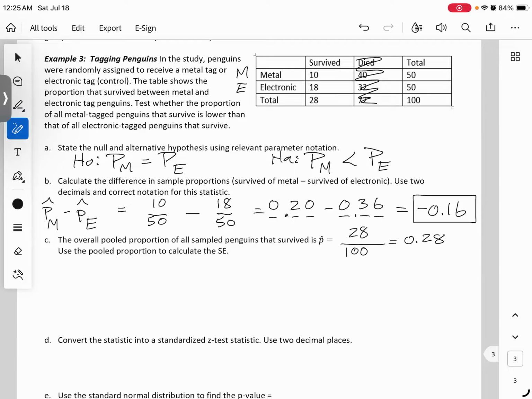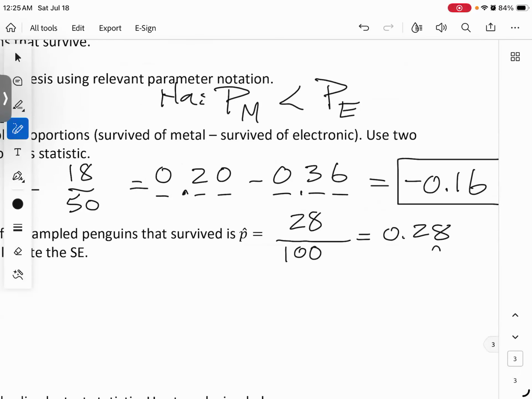The same proportion is going to survive regardless, which would be 28%. If you have a metal tag, you're going to survive 28%. If you're electronic tagged, you're going to survive 28%. That's the pooled proportion. And notice that it splits the difference: it's in between 20 and 36%, the two different proportions for the two different groups.